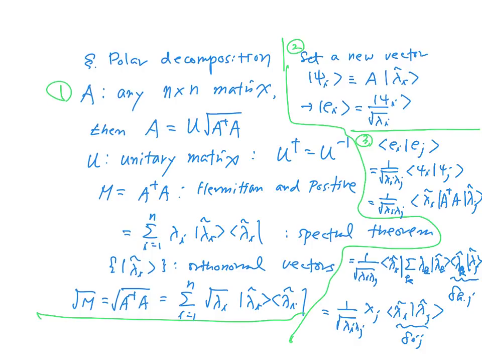When i and j are the same, it's λ_i divided by the square root of λ_i squared, which is 1. So actually this is delta ij. So what you can see is this new vector is also orthonormal vectors.